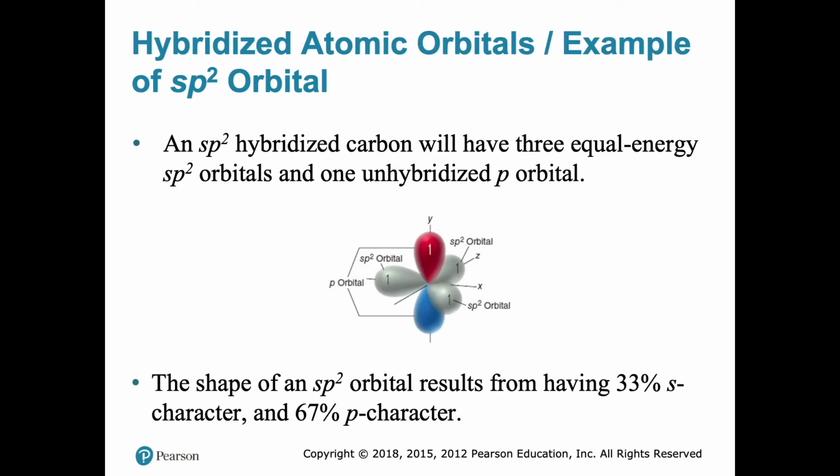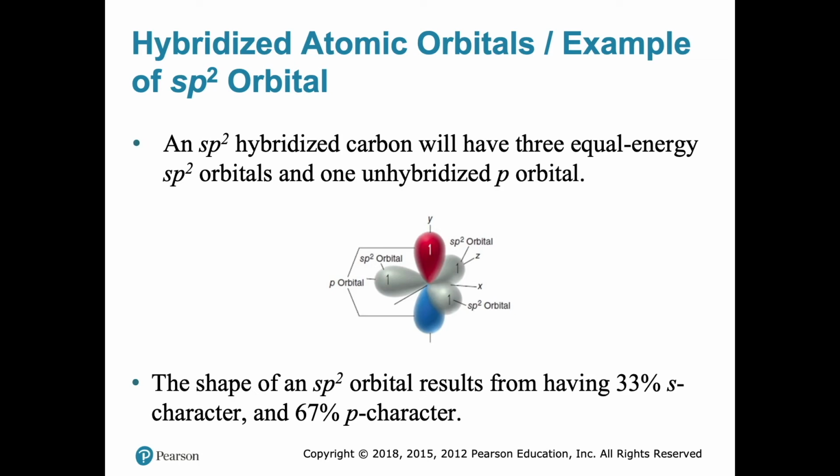All right. So just like the other slide we had for the sp3 orbital, if we look at the character of the bond, here in sp2, we have one s and two p, right? I'm dyslexic. And so when you look at the character, it's 33% s character and 67% p character.